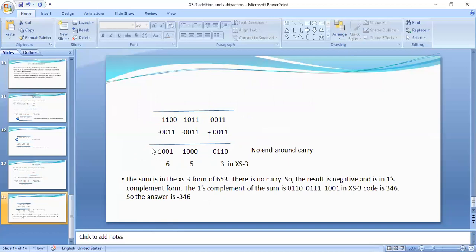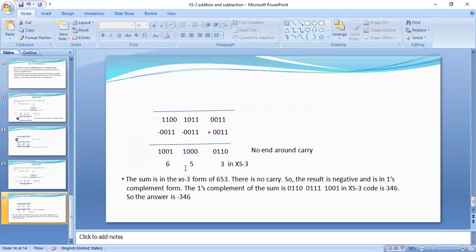Here you may observe there is no end around carry. The equivalent decimal representation for the result is 653. Here an additional step is included: put a negative sign in front of the number and then complement the result.